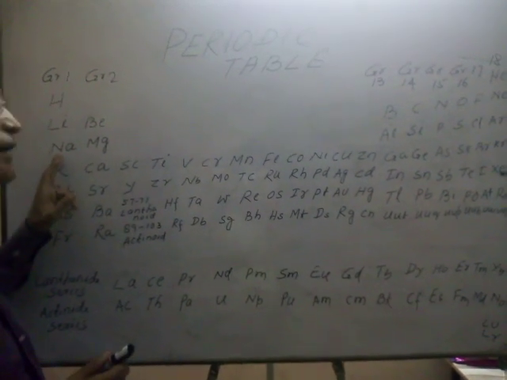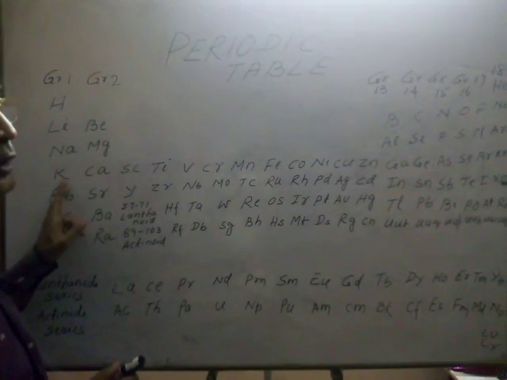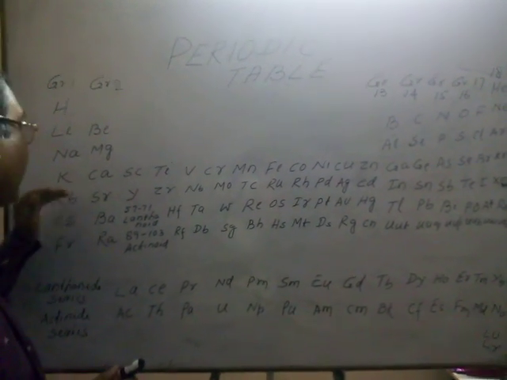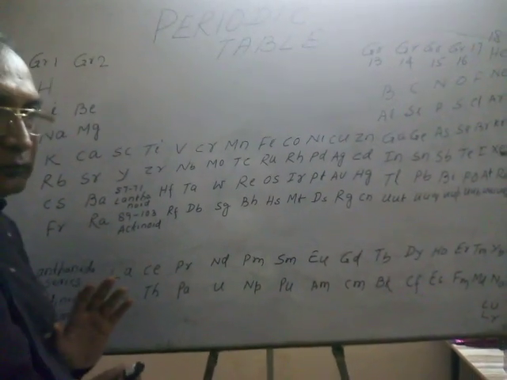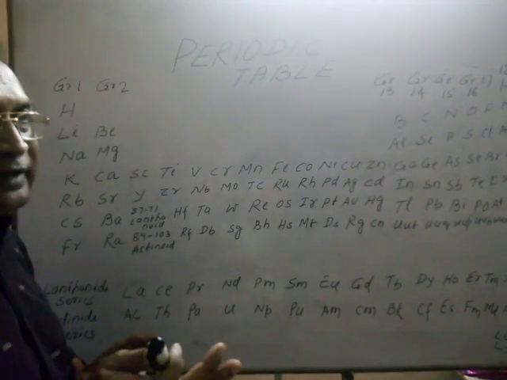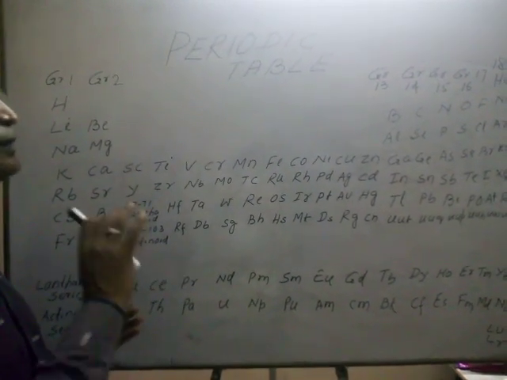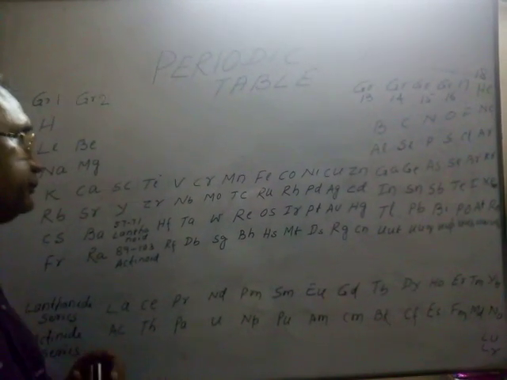If it is 3, then the number of shells will be 3. If it is 4, the number of shells will be 4. Like that, 5 and 6 and 7. Period represents the number of shells and group represents the number of valence electrons.